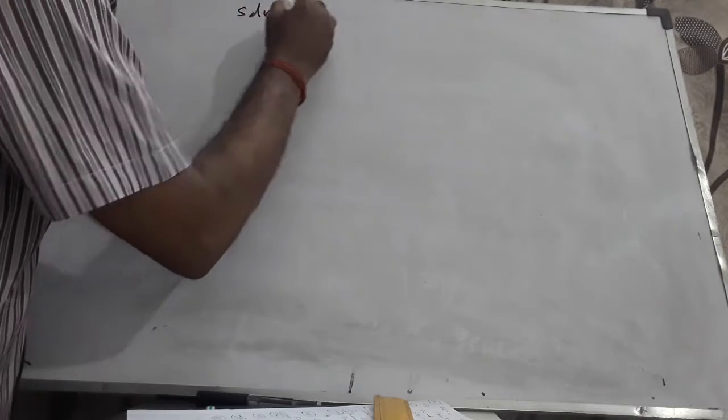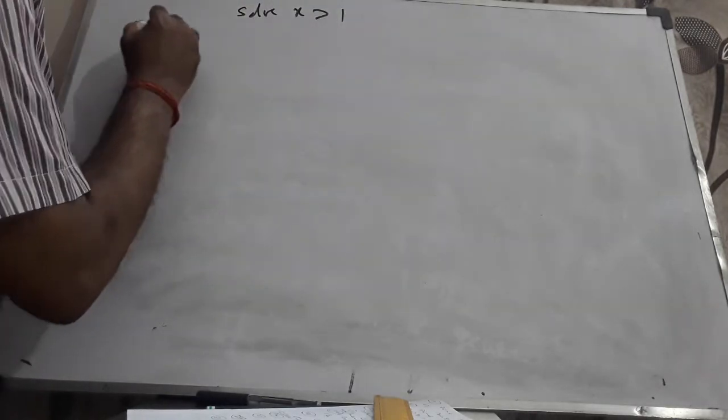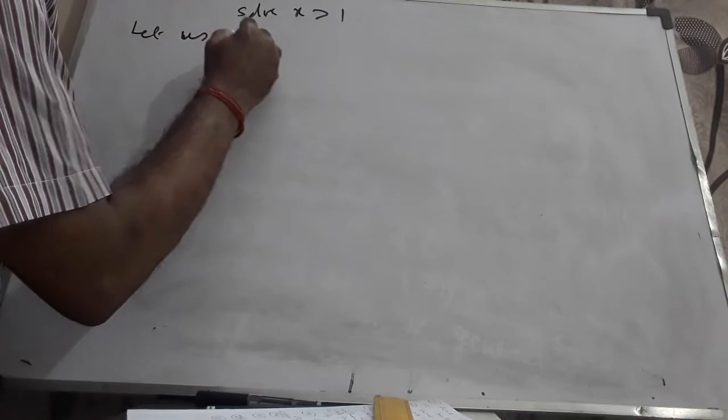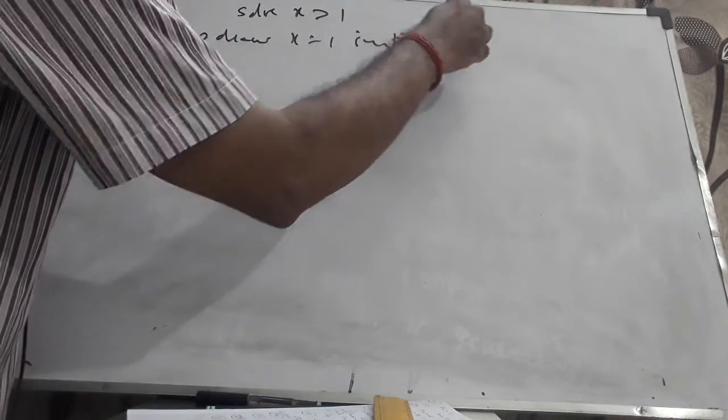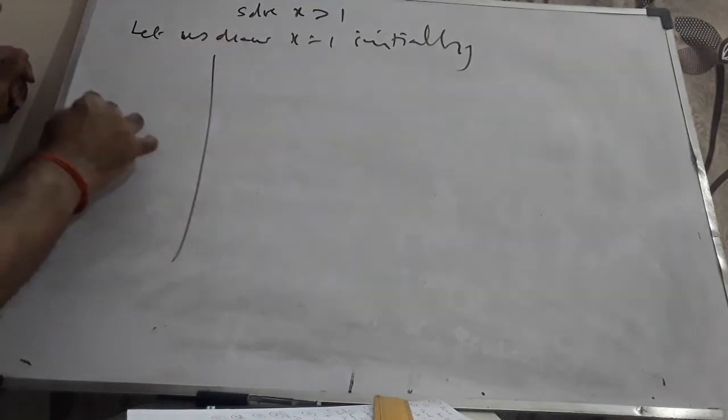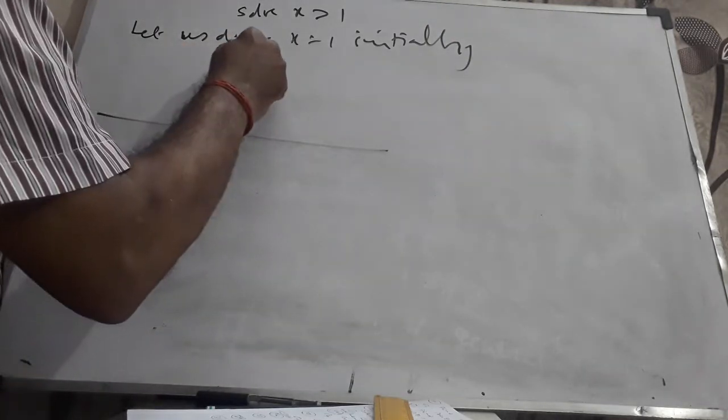Okay, first problem under this. Solve x greater than 1. Let us draw x equal to 1 initially. Now it is a straight line.